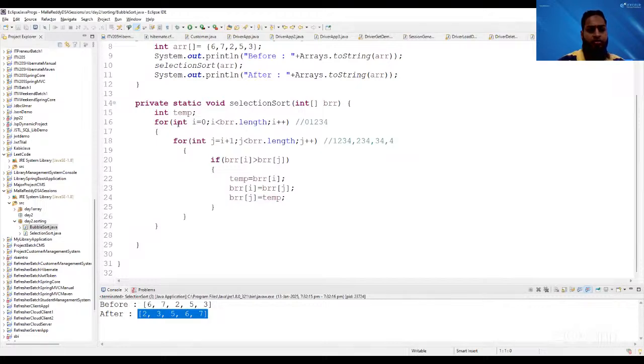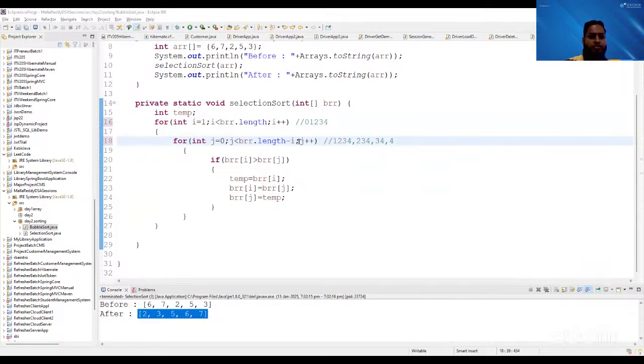So what were the changes? I equal to 1, I less than 5. So 5 is the length, right? So I equal to 1 less than 5, I plus plus, and j always starts with 0 and j less than length minus 1, or minus I rather, because whatever is the iteration count will keep on reducing, right?